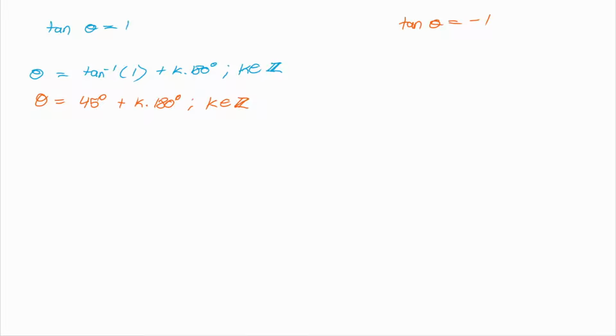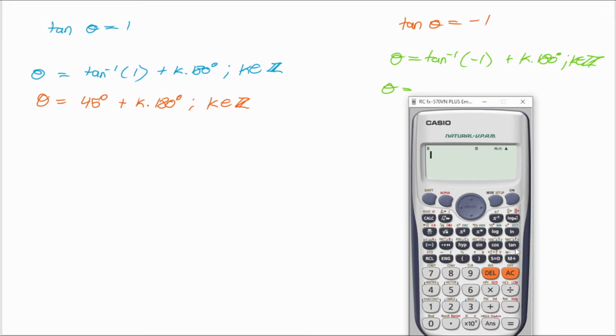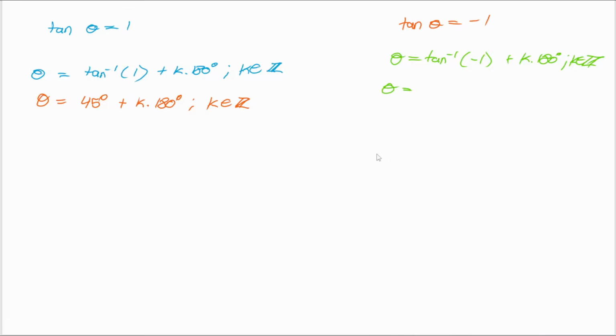And then if I work with this one over here, I'm going to be at theta is equal to tan -1 of -1 plus k180, and k is an element of integers. So theta is equal to, and then tan -1 of -1 is equal to -45.